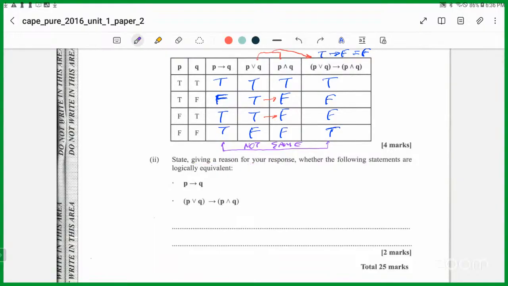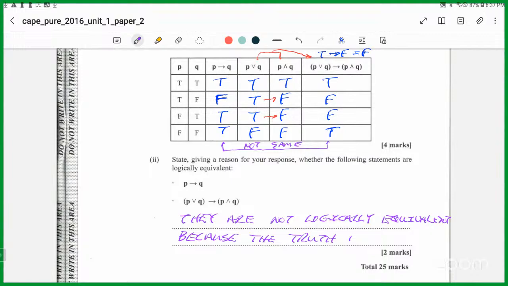So they are not logically equivalent because the truth values are not identical.